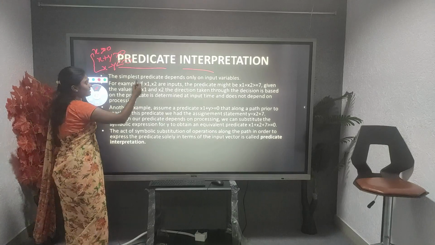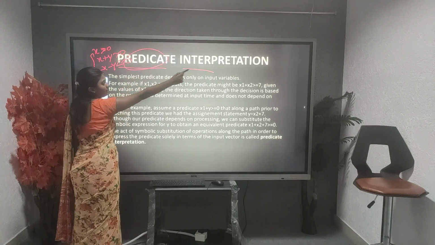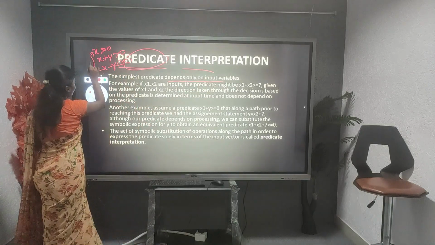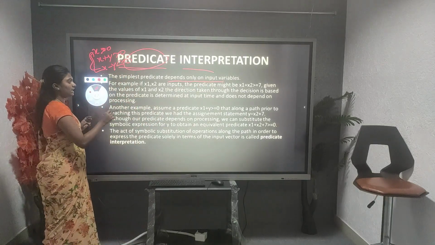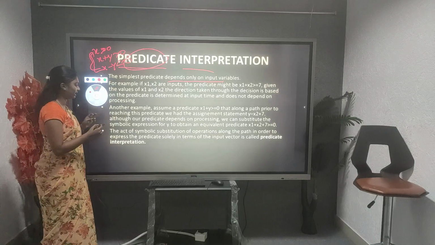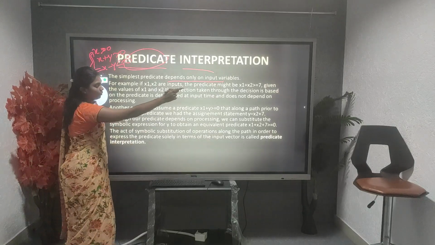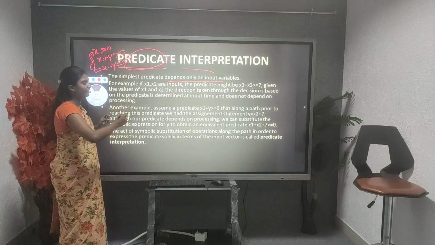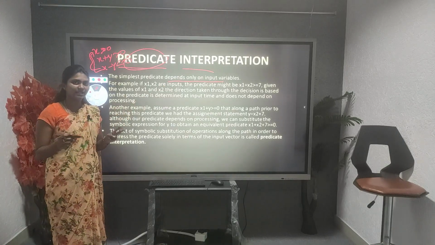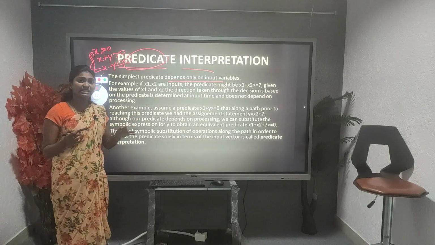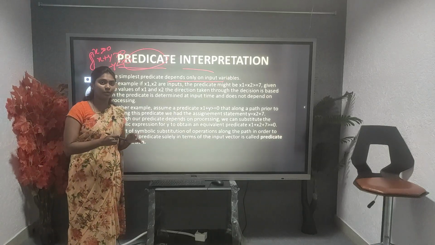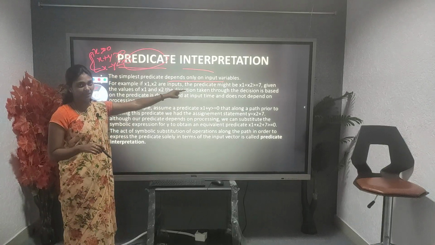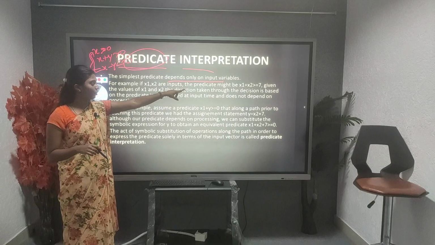So this predicate interpretation depends only on input variables. Second example: x1 plus x2 is equal to 7, where x1 and x2 directly feed the decision points, which are dependent. So it is not correlated.